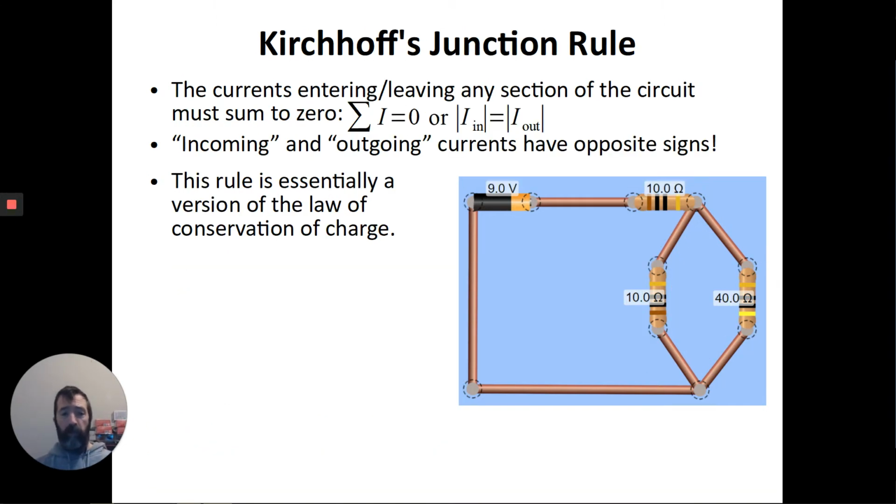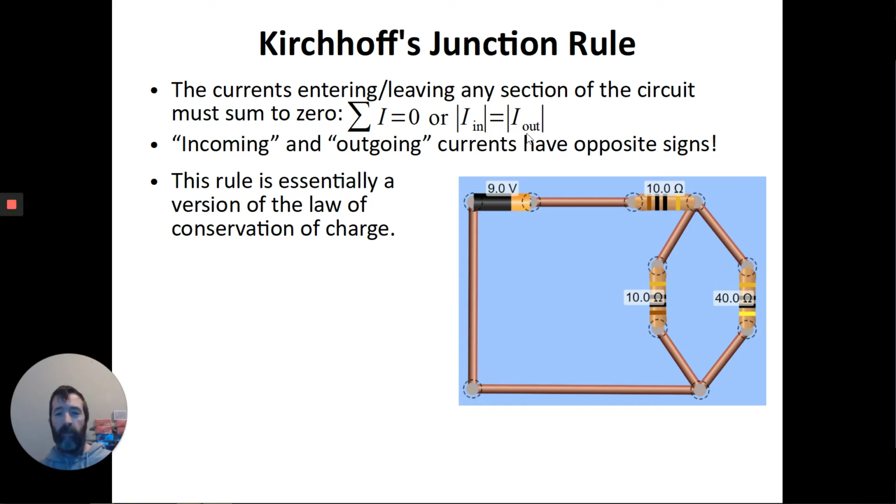Okay, the other rule is about current. So we had a rule about volts. We also have a rule about current. This rule says that the currents entering or leaving any section of the circuit, and usually we focus just on little intersections, junctions, those currents have to also add up to 0. So you could write it as the sum of all currents equals 0, or you could say like currents coming in has to equal the currents going out.